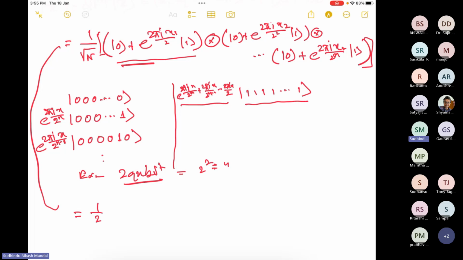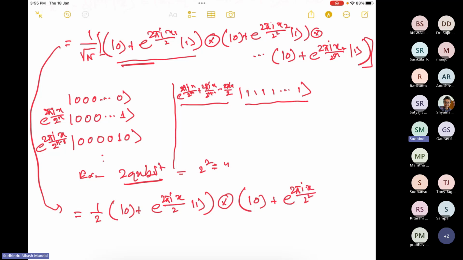I'm writing this expression in terms of this example. So there will be 0 plus e to the power 2 pi I. I'm not writing x1, x2 because according to the x value, it will be 0 or 1. So I'm directly writing x to 1 tensor with 0 plus e to the power 2 pi x by 2 to the power 2, 1.